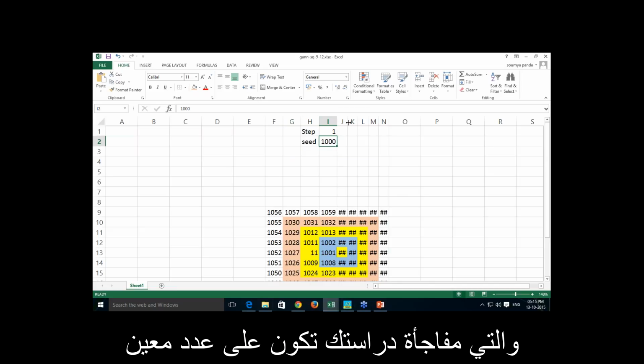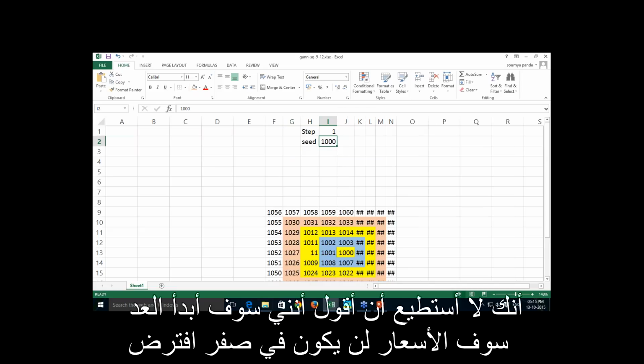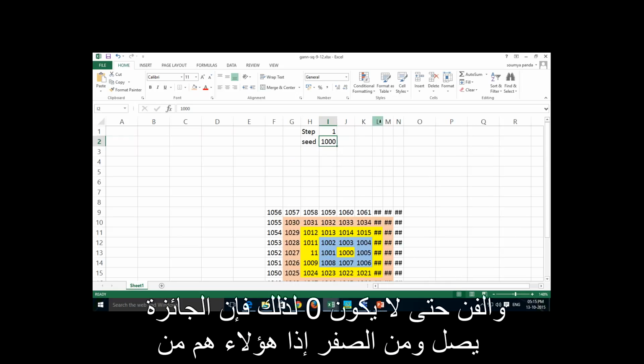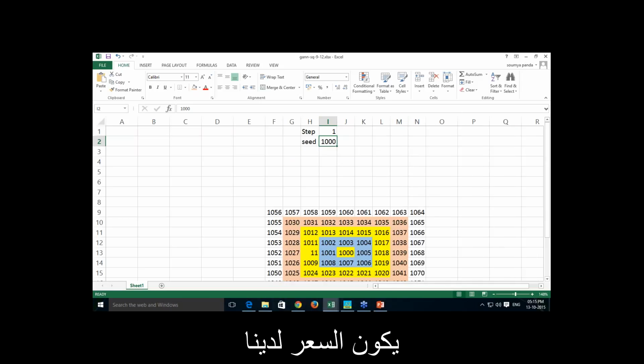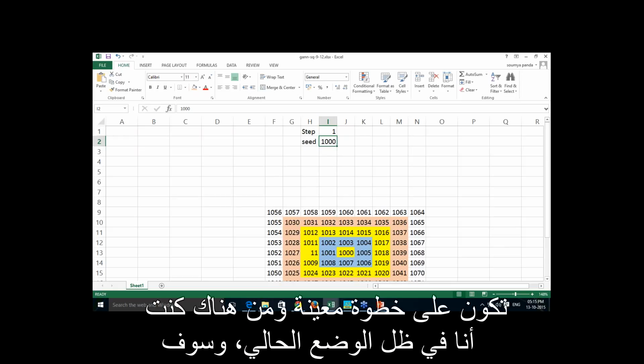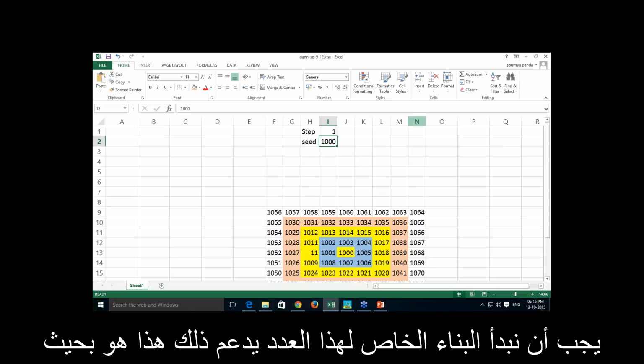Price will be at a particular number, price will not be at 0. You cannot say that I will start the counting of the Nifty from 0. Nifty is at 8,000 and odd, so it is not 0. So price at the present situation will be at a particular level, and from there you have to start the construction of this number.